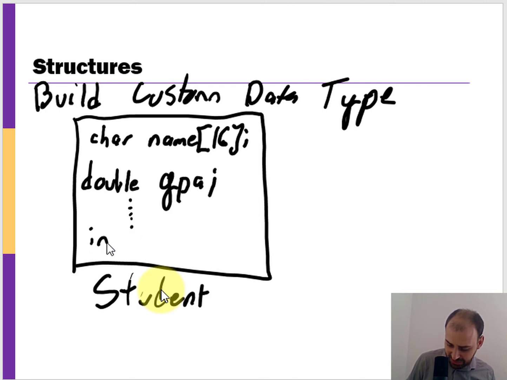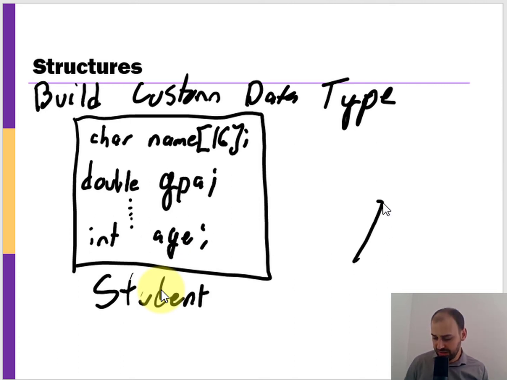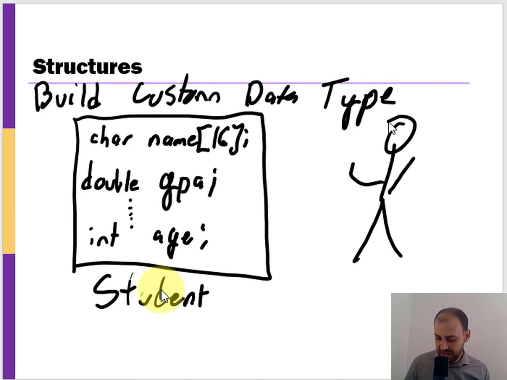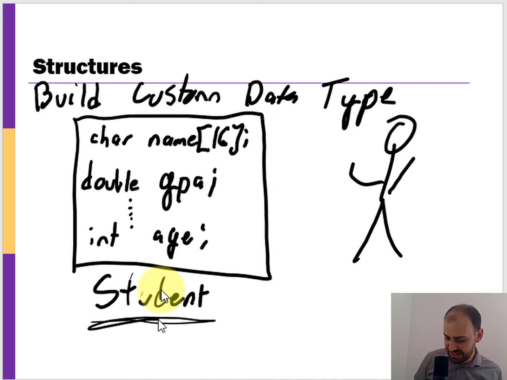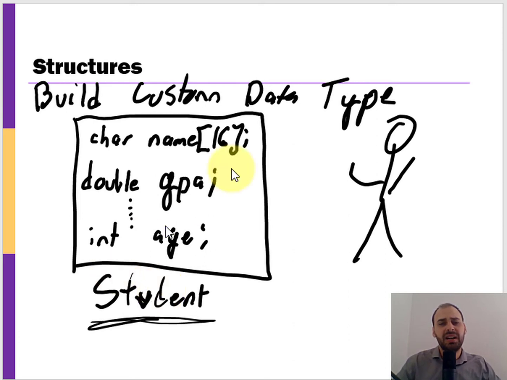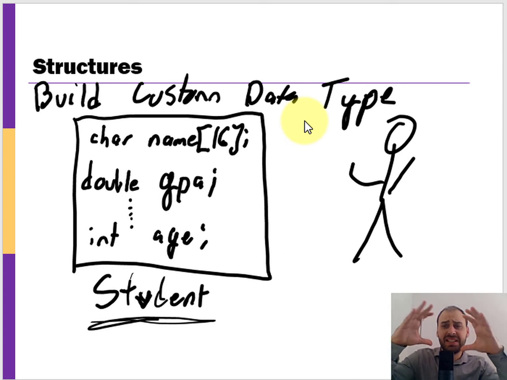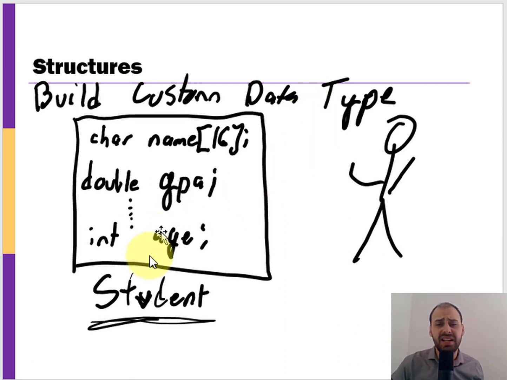If you wanted to keep track of the student's age, whatever properties belong to what we're defining as a student, we can go ahead and do that. So this idea of building data types to simplify the code logic and encapsulate data that belongs together into a single unit or single variable is exceptionally powerful.